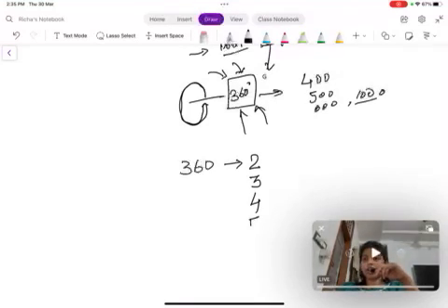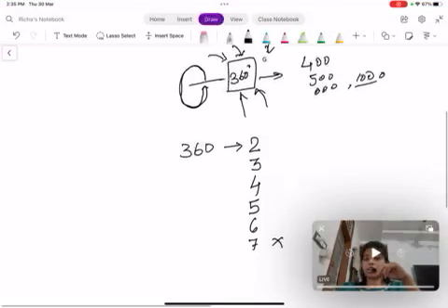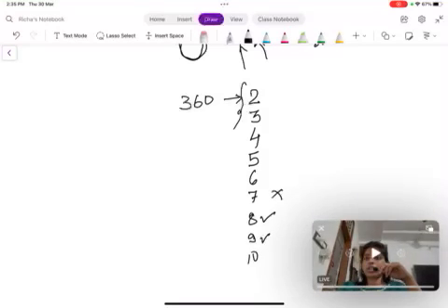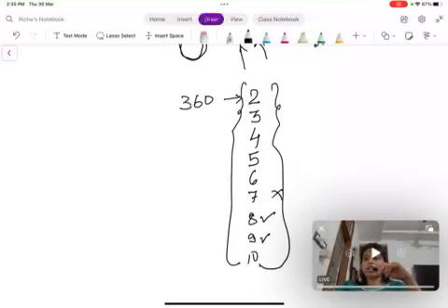Yes. 5? Yes, it is divisible by 5. 6? Divisible by 6. 7? No, it's not divisible by 7. Then comes 8. Yes, it's divisible by 8. 9? Divisible by 9. 10. So 360 degrees is divisible by all the numbers except 7.